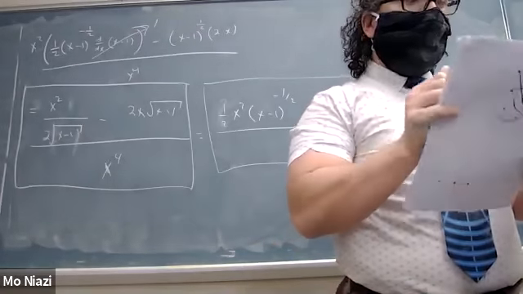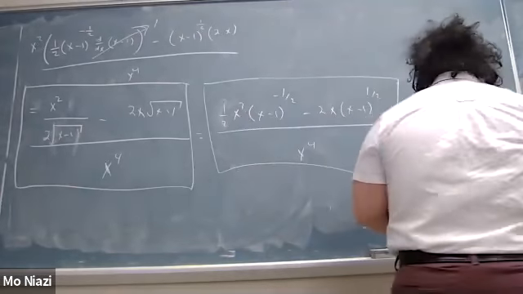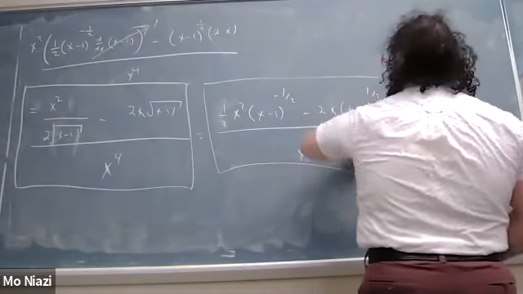Now, let's do one that's going to involve the quotient rule and implicit differentiation. This is going to take a lot of board space.